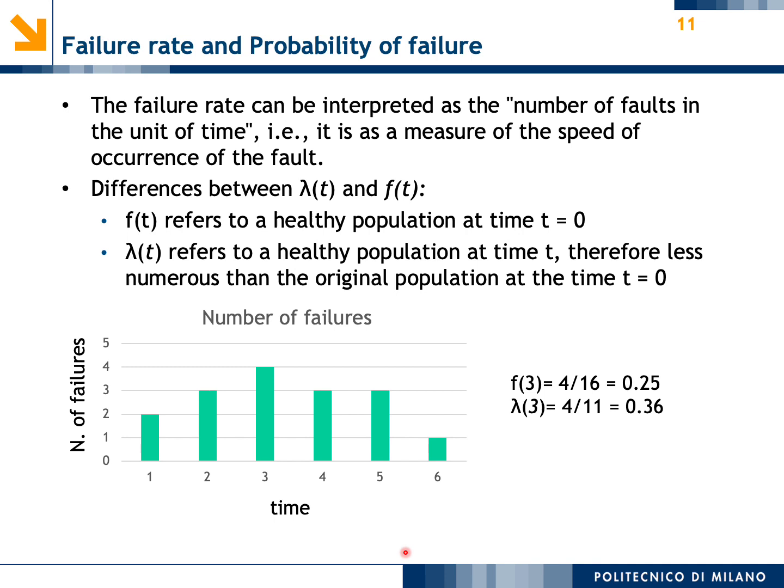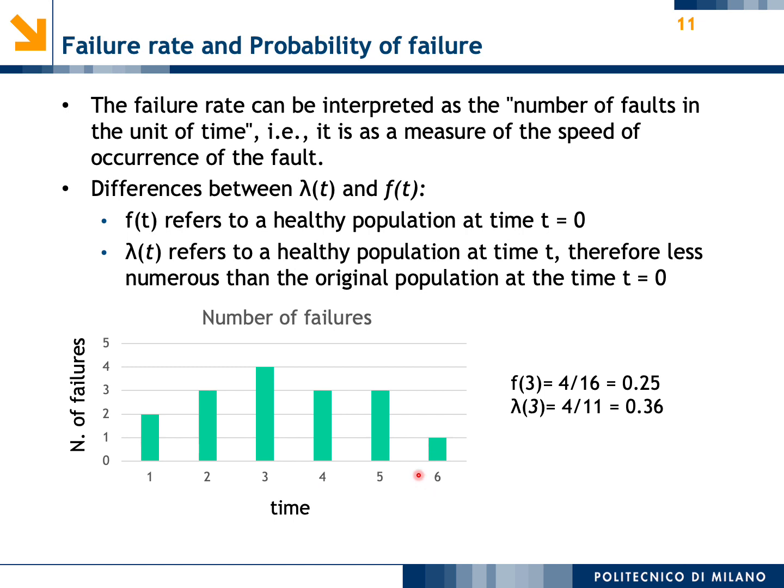We are considering discrete time intervals. So if we calculate f, the probability density function at time t equal to 3, this is the number of failures that we have here, 4, divided by the entire population at 0, that is 16.